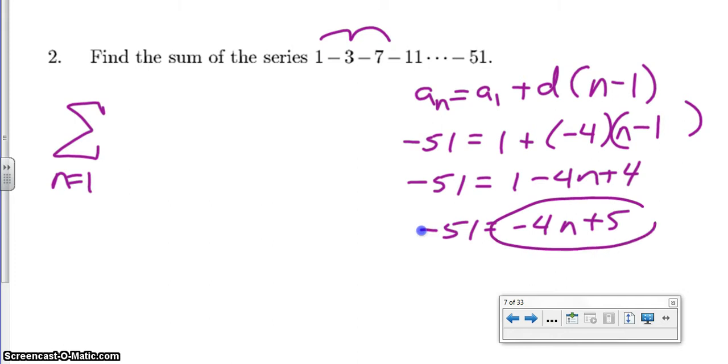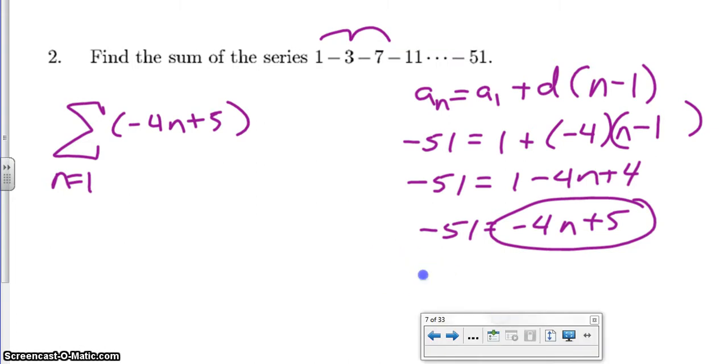Hey, wait a minute. That's my related function. So I'm going to go ahead and write that there right now so that I have that. And then I subtract 5 from both sides. Negative 56 is equal to negative 4n. Divide both sides by negative 4, and I get n is equal to 14. That means there are 14 terms in this sequence. So now I can go ahead and get started.